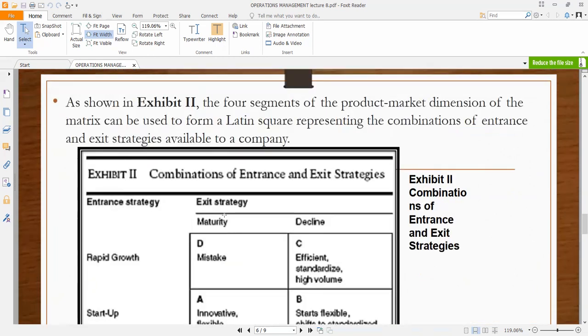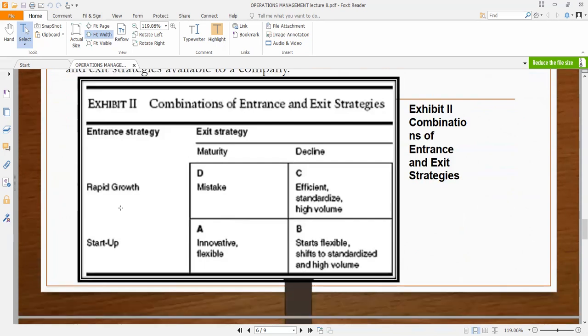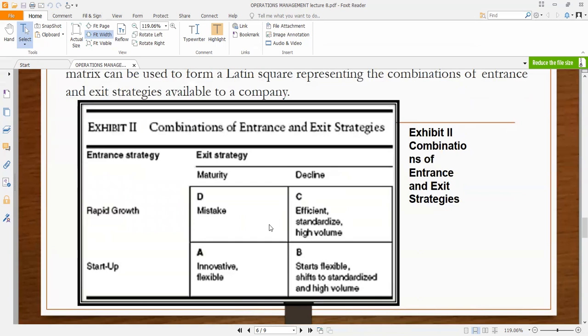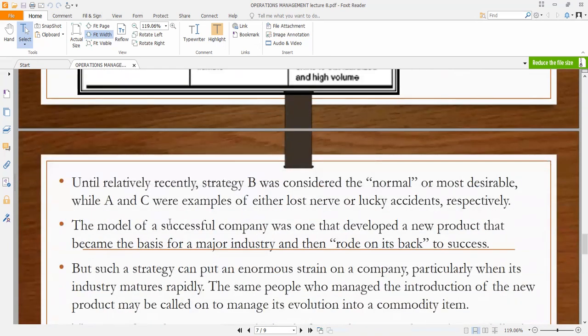We're talking about rapid growth as the first. Then where we are talking about exit strategy, we're talking about these four matrices that are here. Of course, at startup, you need high levels of flexibility for the business to stand out, so you can actually exploit further on that point.